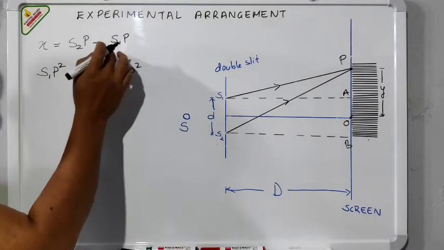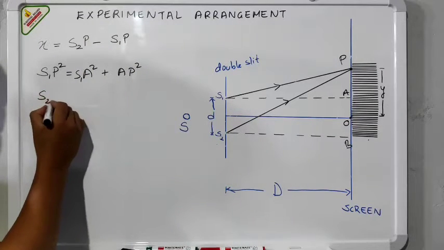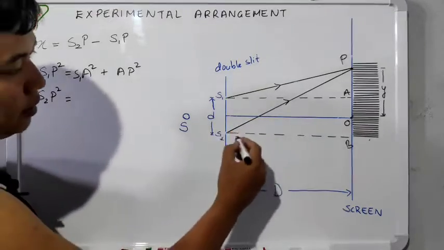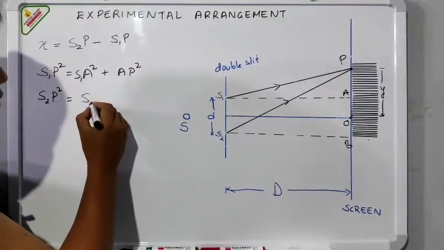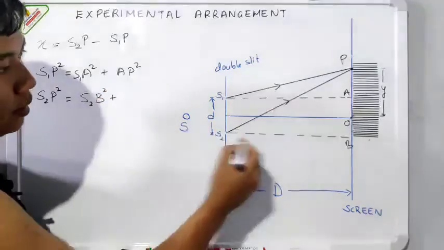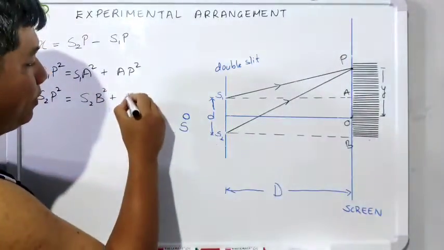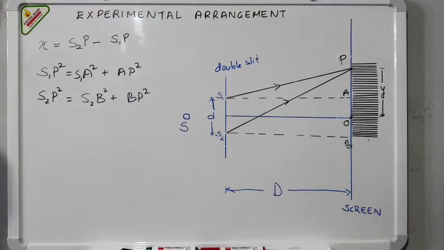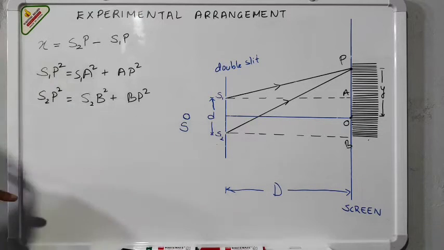Then what is S2P? S2P square is S2B square plus BP square. We want to calculate the value of x.